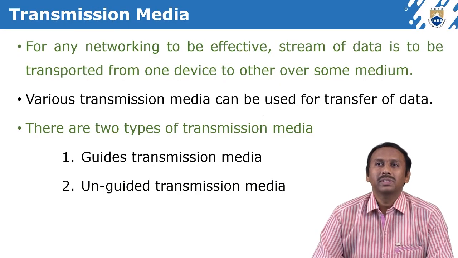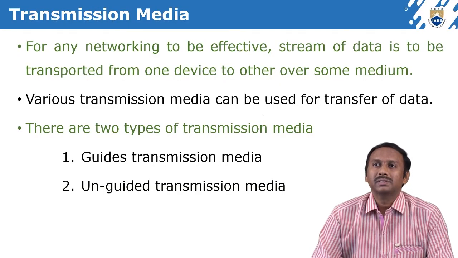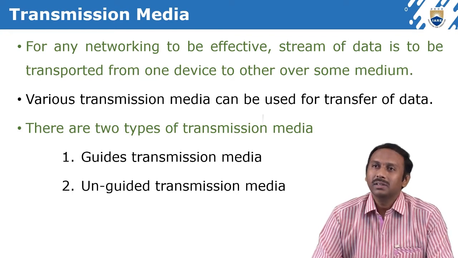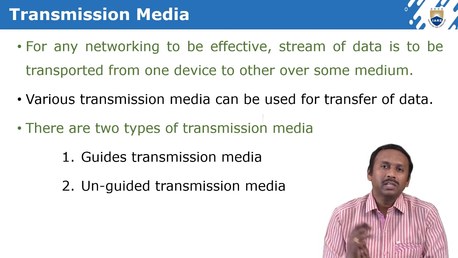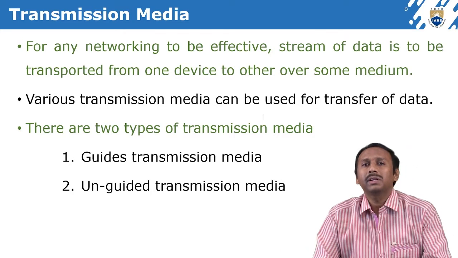For any networking to be effective, a stream of data is to be transported from one device to another device over some medium, isn't it? Data is going to be transferred from one place to another place only with the help of some transmission medium.